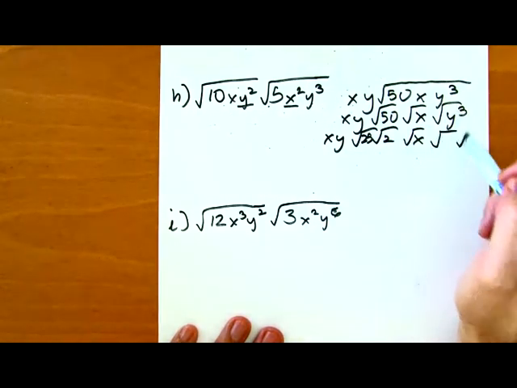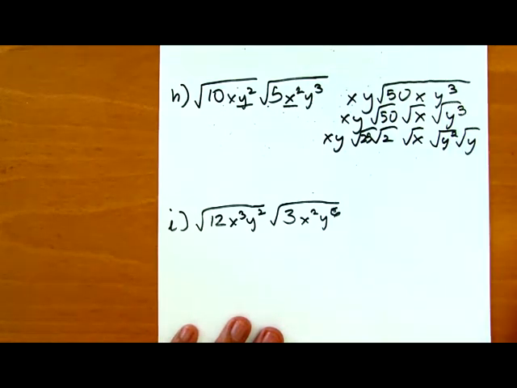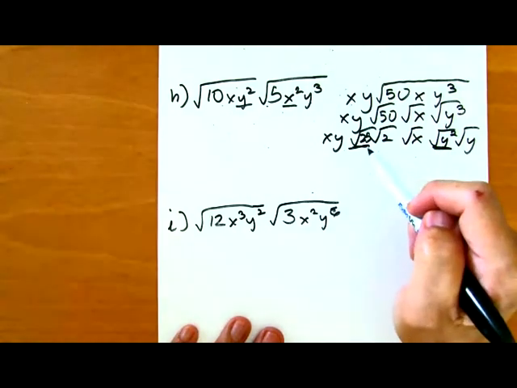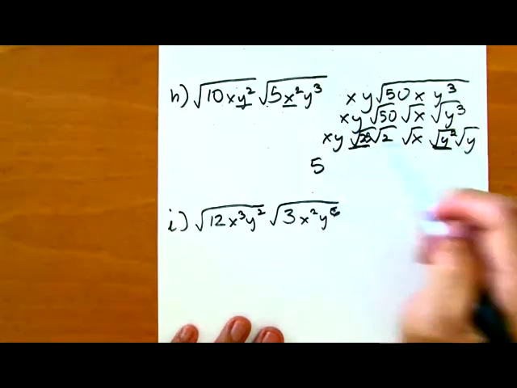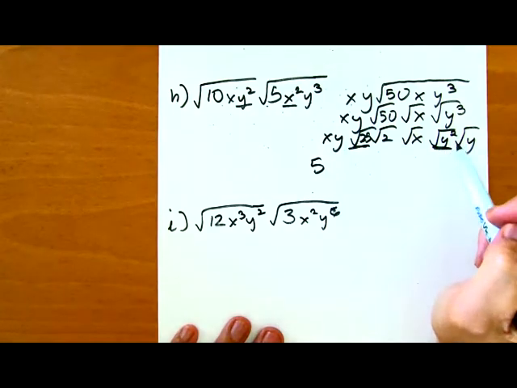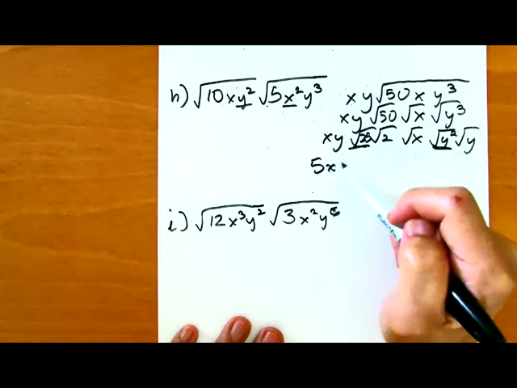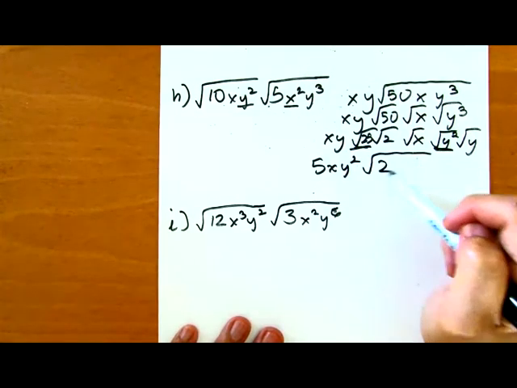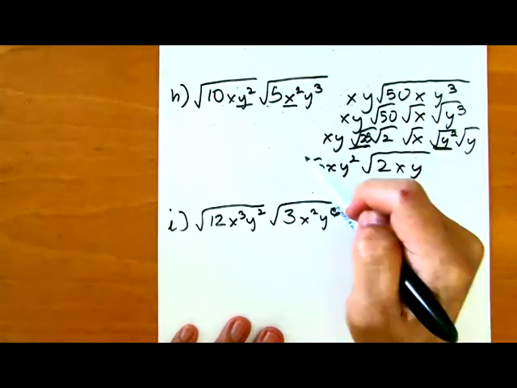Y to the third, y squared and y. We can square root this and that. Square root of 25 is 5. Square root of y squared is y. That y would be y to the second. And under the radical, we still have 2x and y.